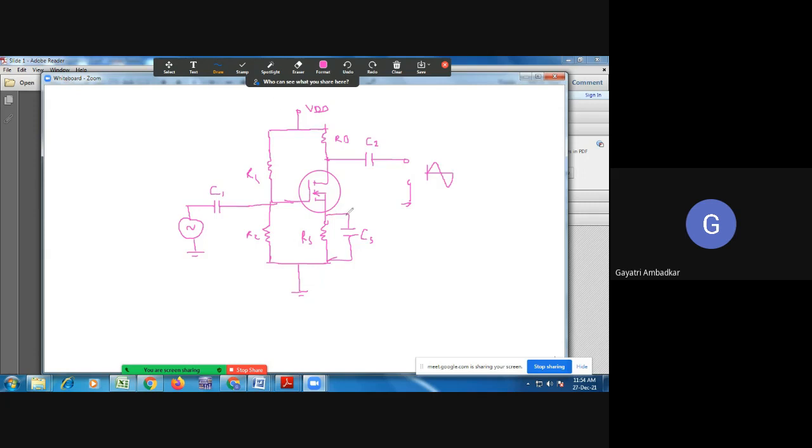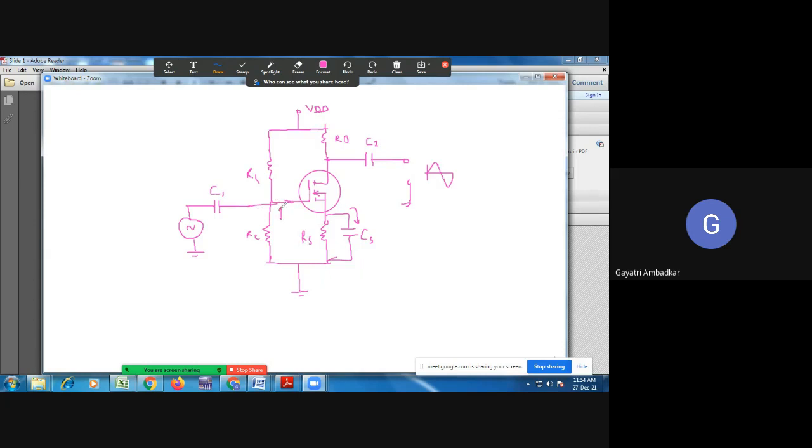Now, if you connect here a capacitor, your AC signal is getting passed. We call it a bypass capacitor because it provides a bypass way for the AC signal. So the AC signal will get passed to the ground. It will not drop across RS, and therefore there is no signal voltage which is mixing into the input.